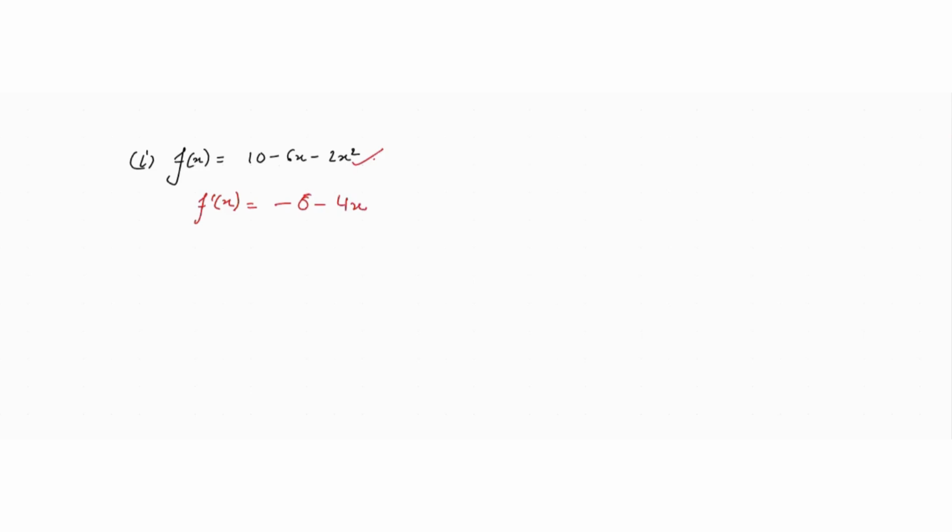Do you know differentiation? Differentiation, we differentiate the function. Suppose if I have 2x², I have to differentiate, so I find d/dx. That will be 2 times 2, 4x. Do you remember that? I never went over that.